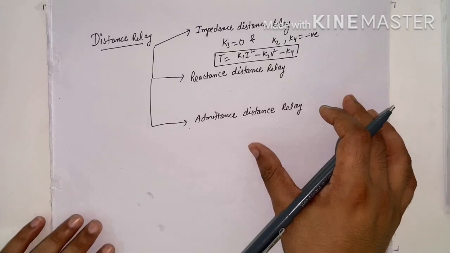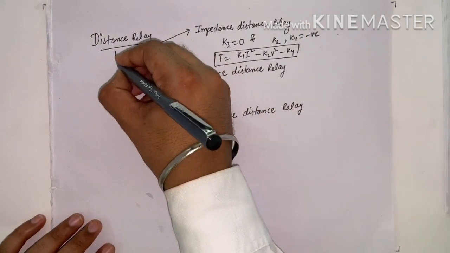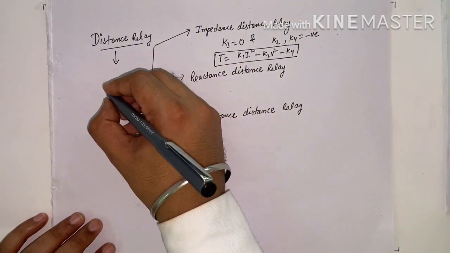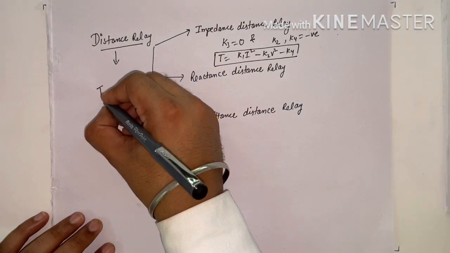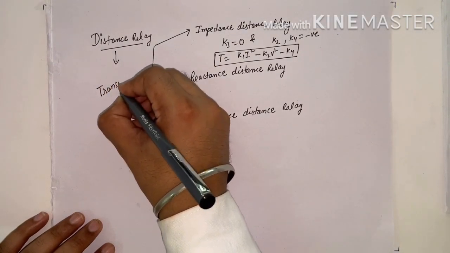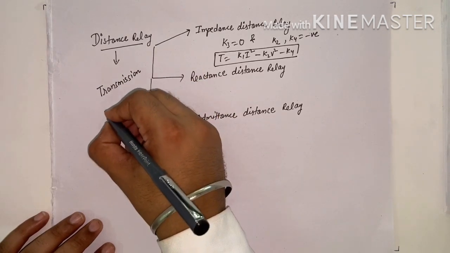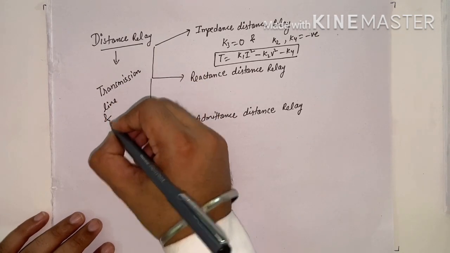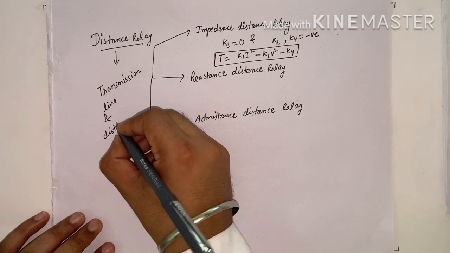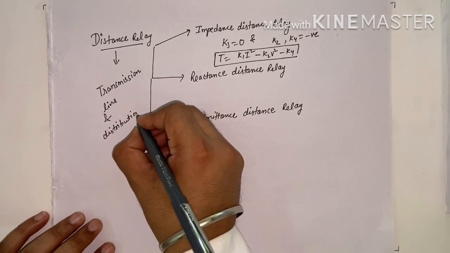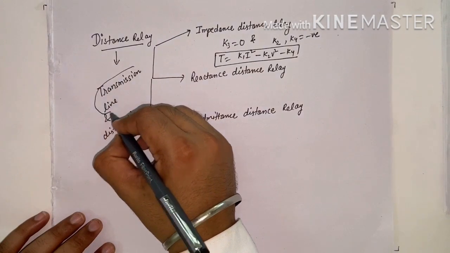The distance relay is actually used in the protection of transmission lines and on the distribution side. We can use our distance relay majorly on transmission lines.